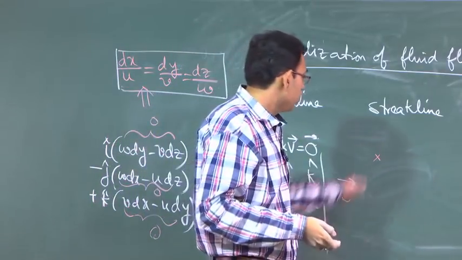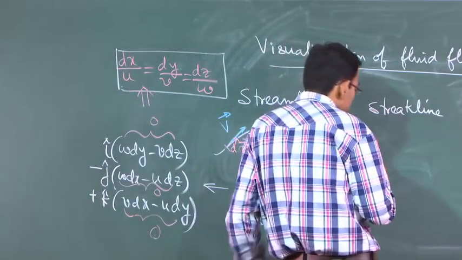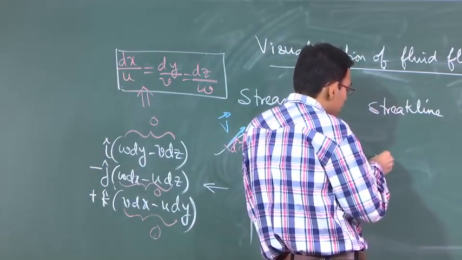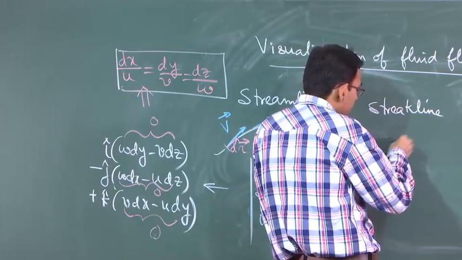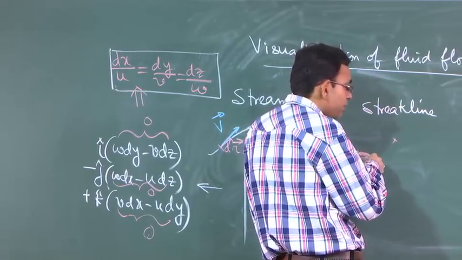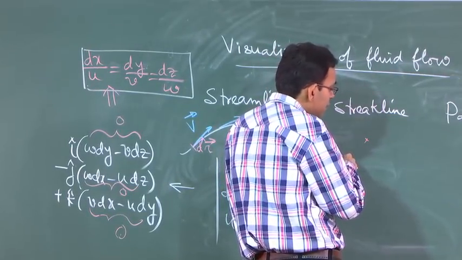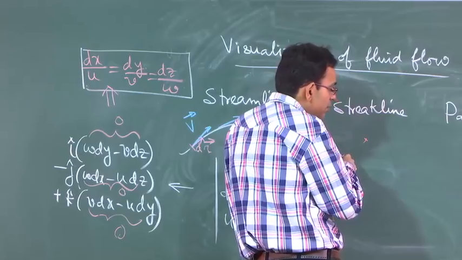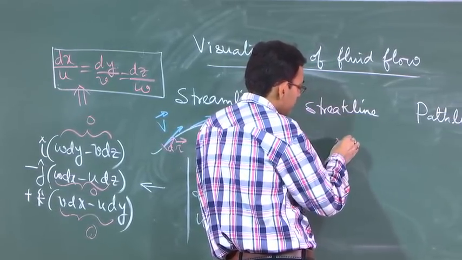Now, as you go on injecting it, the dye particle which passed through this point 3 time units before is now here.